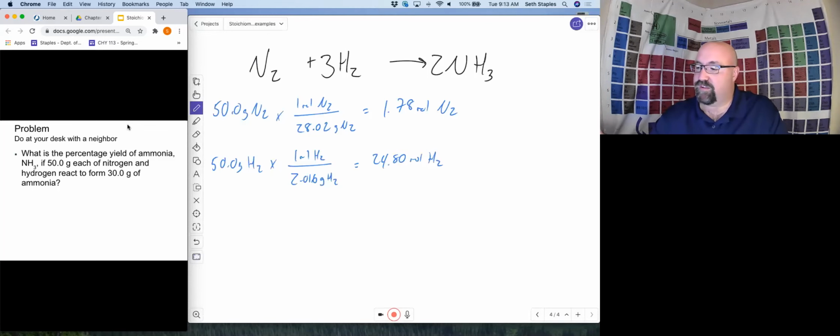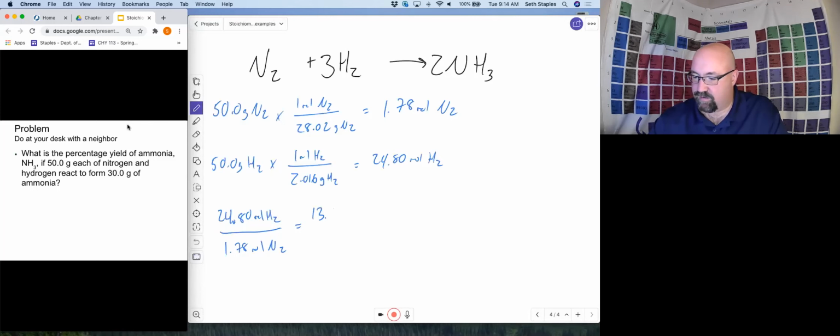So again, I usually like to just divide my larger by my smaller, so I end up with a number above 1. So we're going to take our 24.80 moles of H2 divided by 1.78 moles of N2 to give us a molar ratio of what we have.